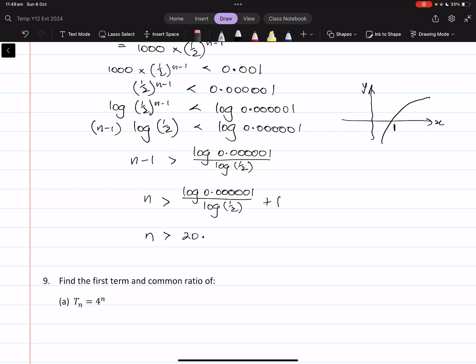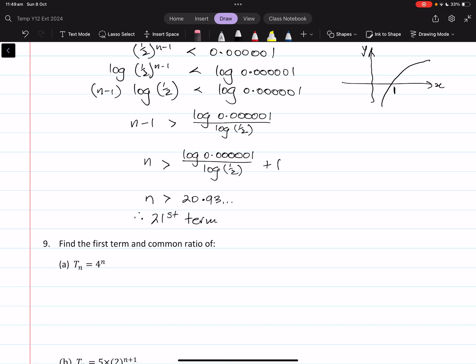All right, so when we calculate this, we've now got n is greater than, and we get on the calculator 20.93 approximately, and so n has to be bigger than that, and it's got to be an integer. And so therefore, there's going to be the 21st term. The question said to find the first term which is greater.